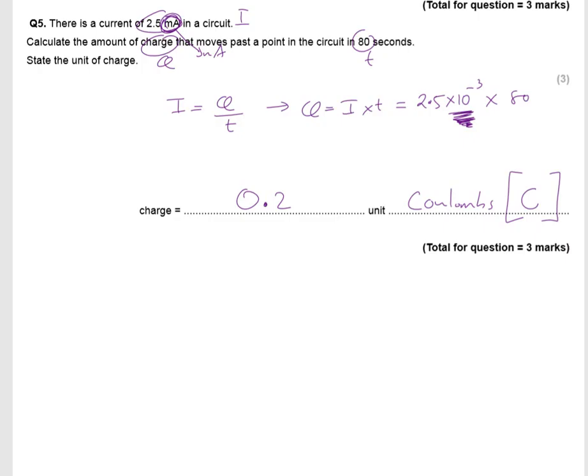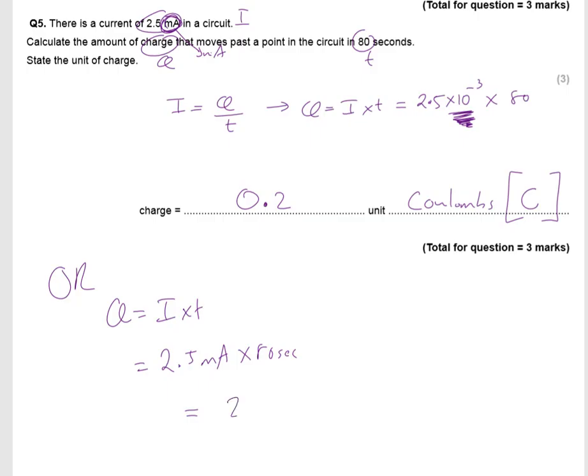Okay. Now, if you left it in milliamps, you can do this, for example: charge is equal to current times time. Current is 2.5 milliamps multiplied by 80 seconds.